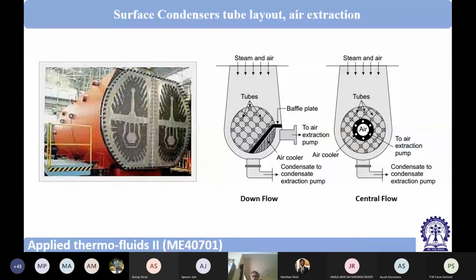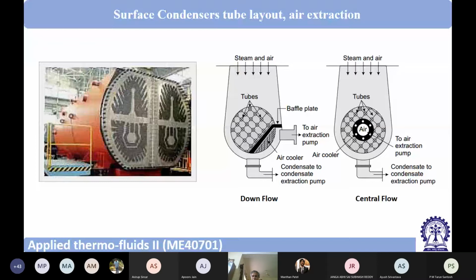So that's why we want to put steam on the shell side. It could be at low velocity or almost no velocity, and it should have more space because we have to handle a very large volume flow rate of steam. So that's why outside the tube it is preferred.